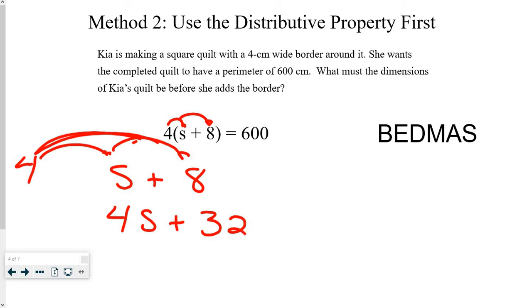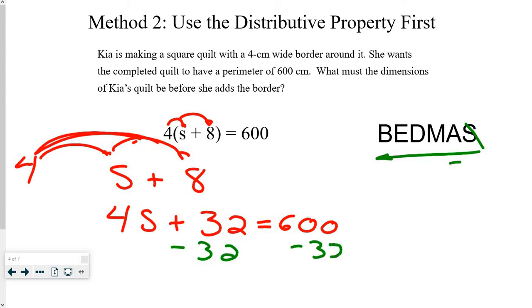So it's 4s plus 32 equals 600. Now we follow BEDMAS backwards. There is addition, so we subtract 32 from both sides. Those cancel out. We have 4s equals 568.